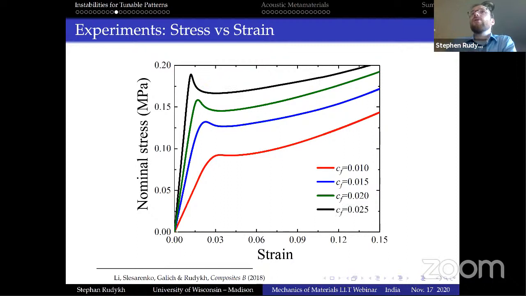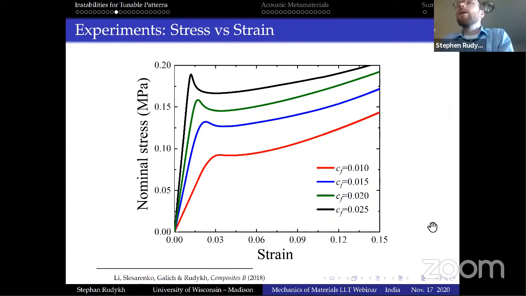So I'm just showing you this experimental result with this stress strain behavior. Then it becomes a little bit tricky to detect exactly where this buckling happens, probably easier here for the larger volume fraction when they have more prominent stiffening. But maybe not that straightforward to detect where exactly the buckling happens.